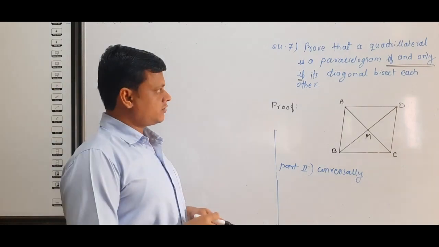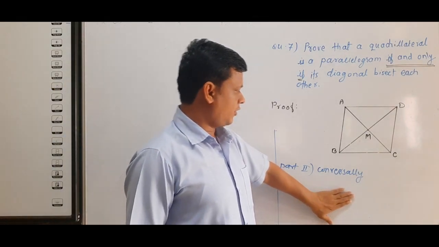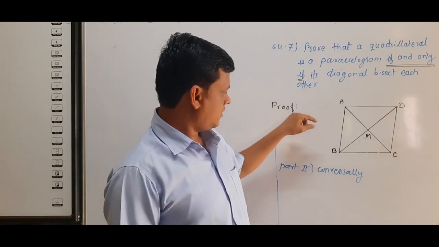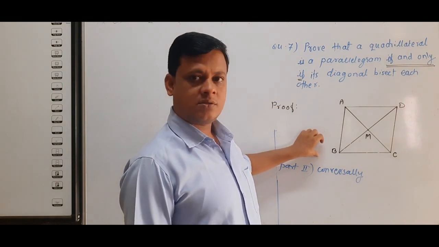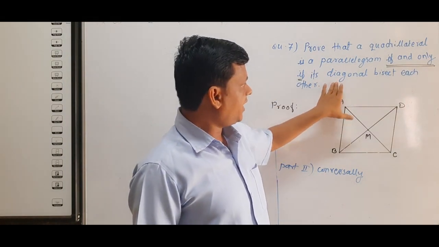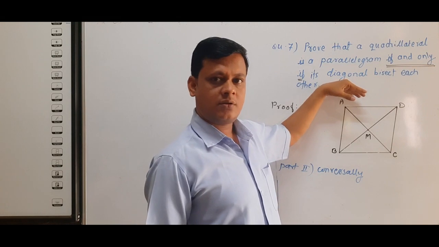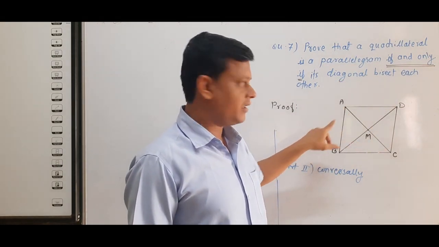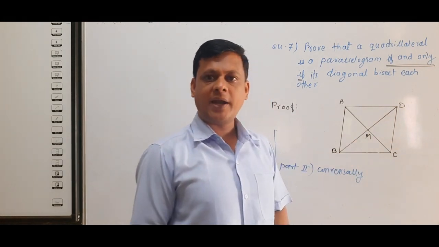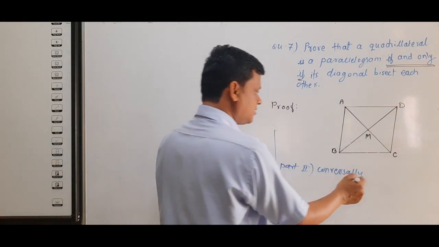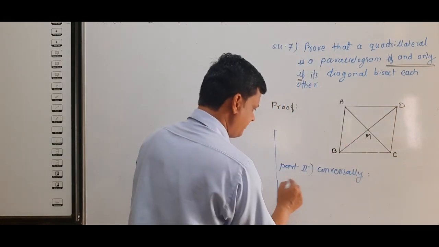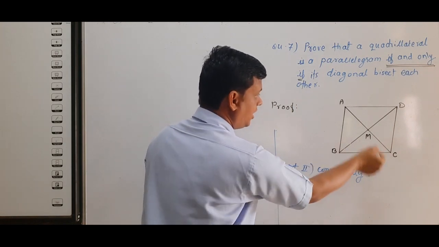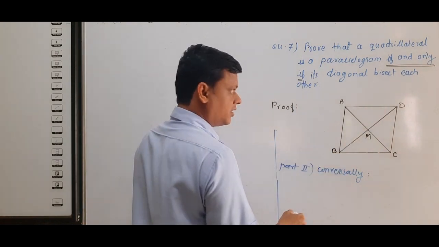Now see the converse of this problem. Here in the converse, if the diagonals of quadrilateral ABCD bisect each other, then we have to show that this quadrilateral ABCD is a parallelogram. So in the converse, we consider that diagonals AC and BD bisect each other.